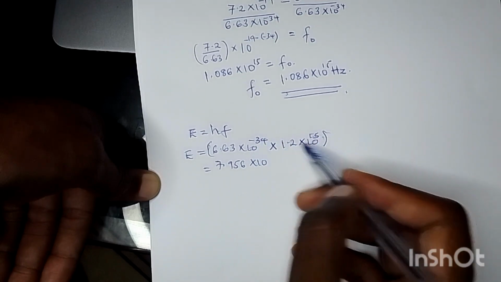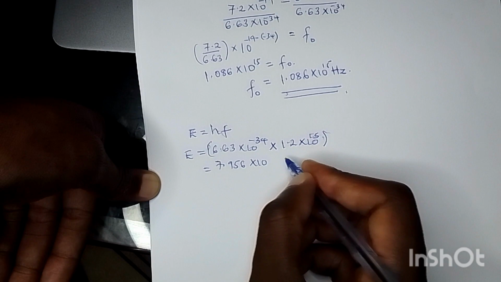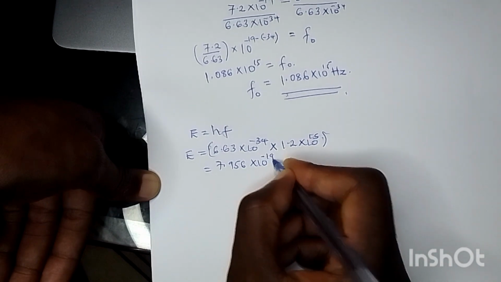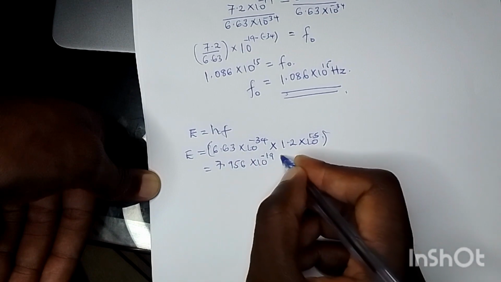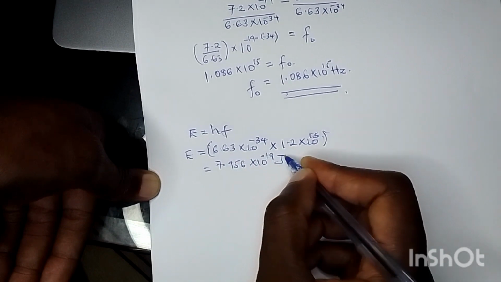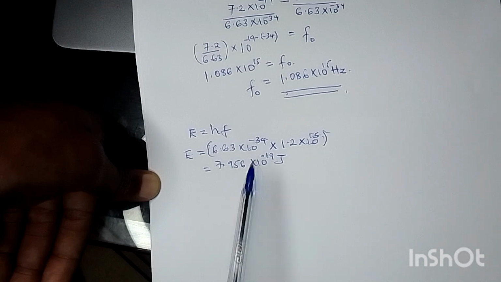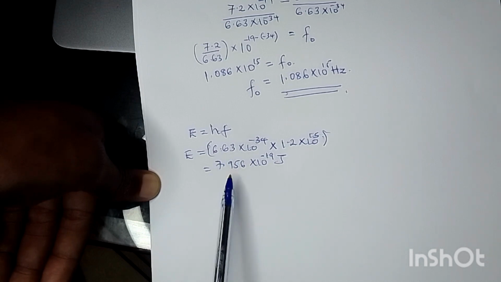What do we do to their powers? We add their powers. So this one becomes power negative 19. This one is joules. This is the energy of the radiation.